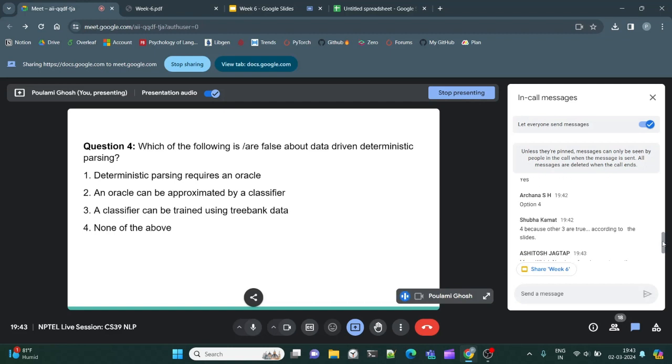So Archana and Shubha have answered. Let's hear from Shubha this time. Shubha, would you like to say why you think option 4 is correct? You have mentioned that you think the other three are true. Just maybe some further clarification, if you would like.